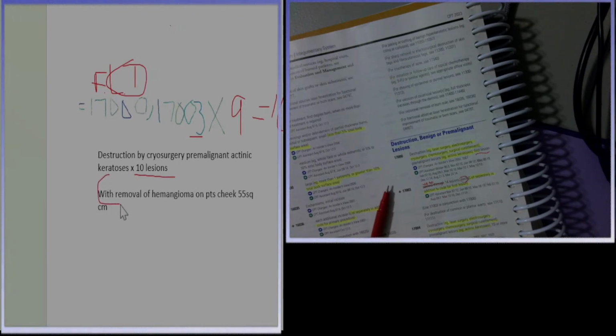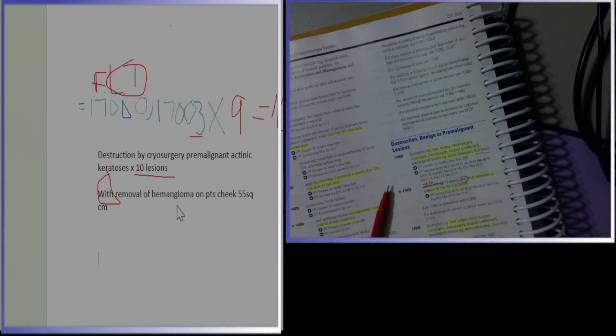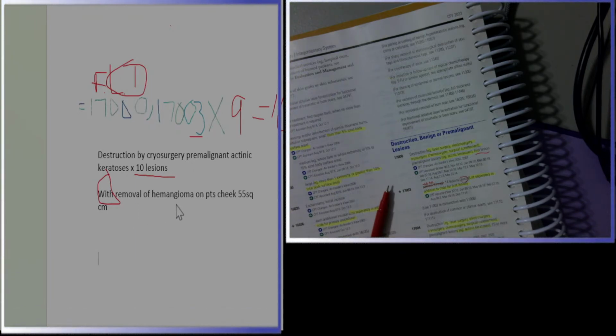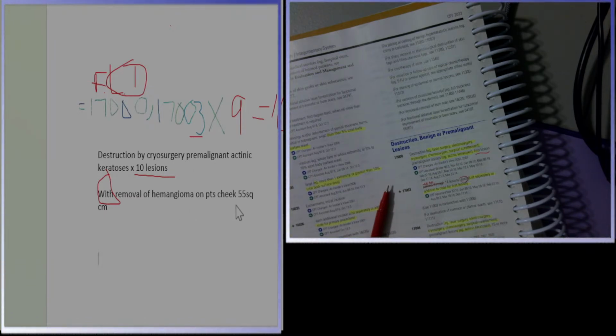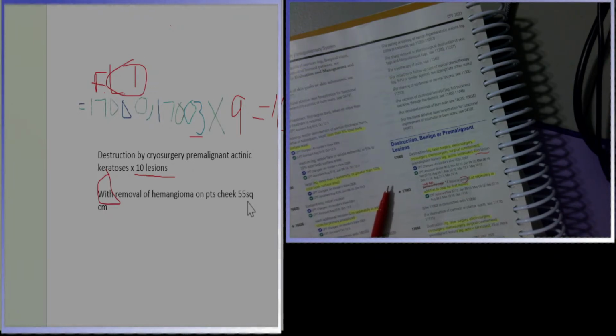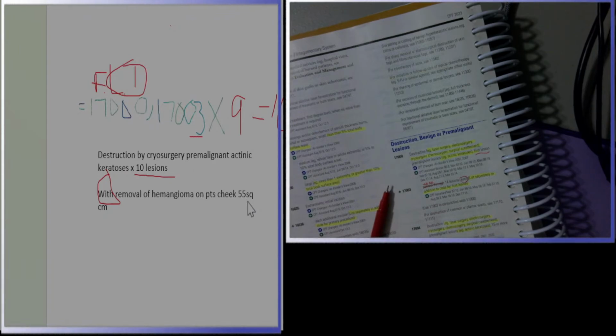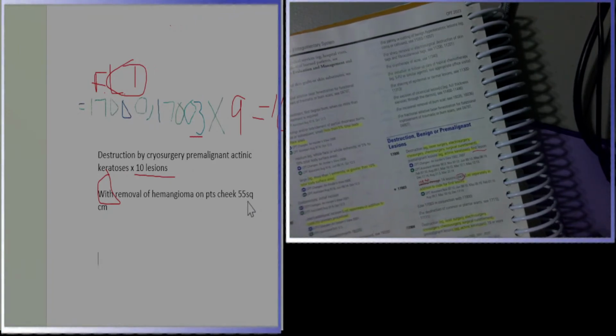They also, with this procedure, removed a hemangioma from the patient's cheek, and it was 55 square centimeters. Where do we code that at? And don't be using Google. It's right here underneath these instructions.